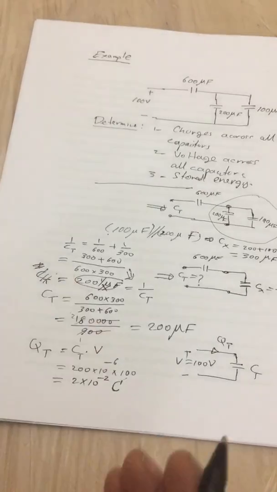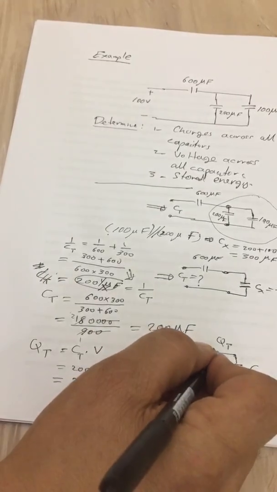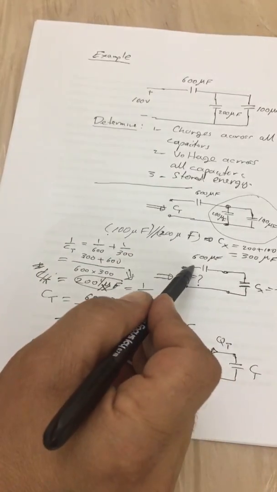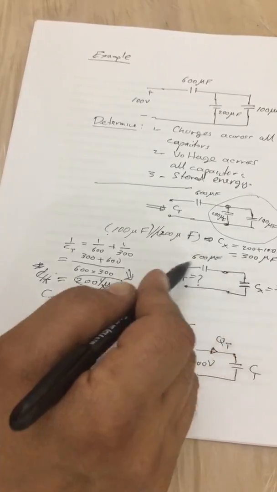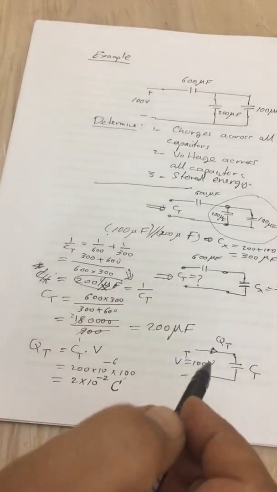Okay? If you look at it, this is the total charge. 600 and Cx are connected in series, so we have the same charge.